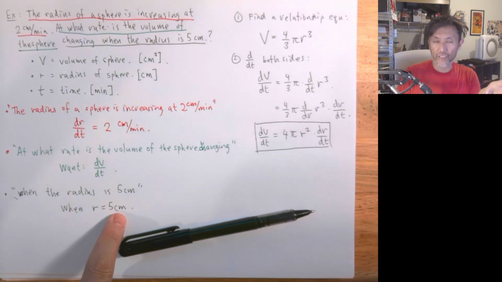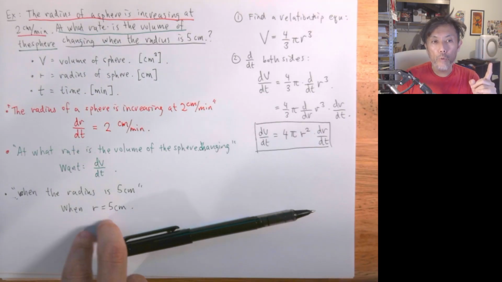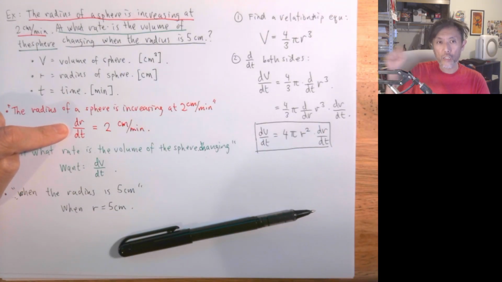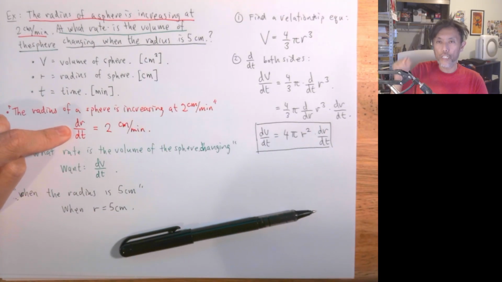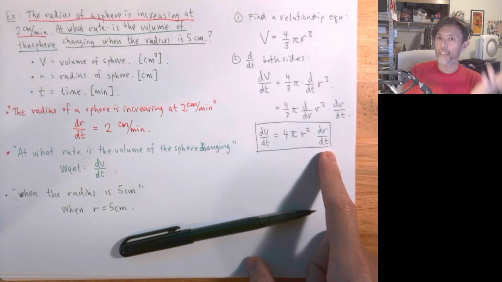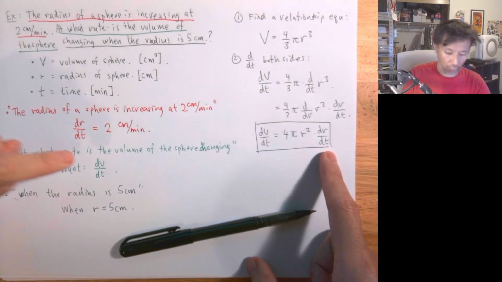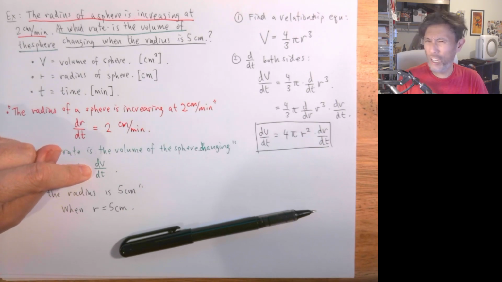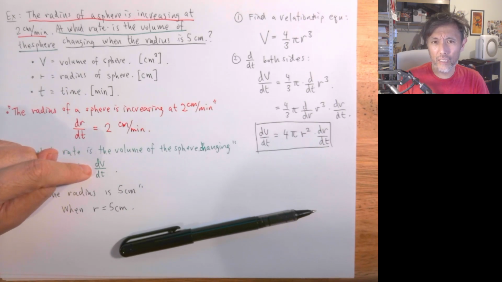Knowing r is 5 centimeters is cool, but we want to somehow combine that with the information about how r is changing with time. We want to somehow get dr dt equaling 2 into the mix. In other words, we want some kind of related rates equation so as to be able to get at what dV dt is. I hope I'm making sense and that's clear.